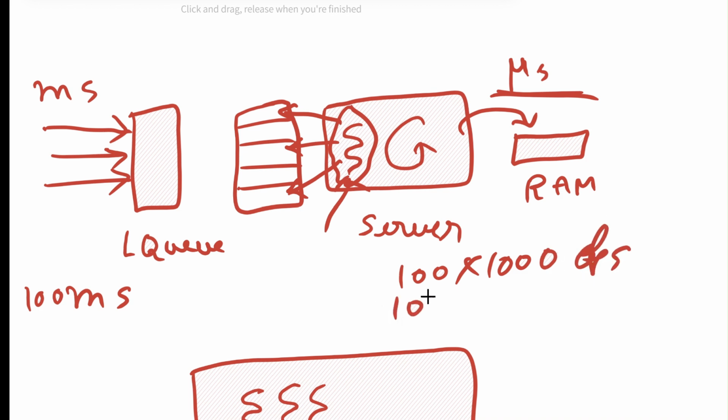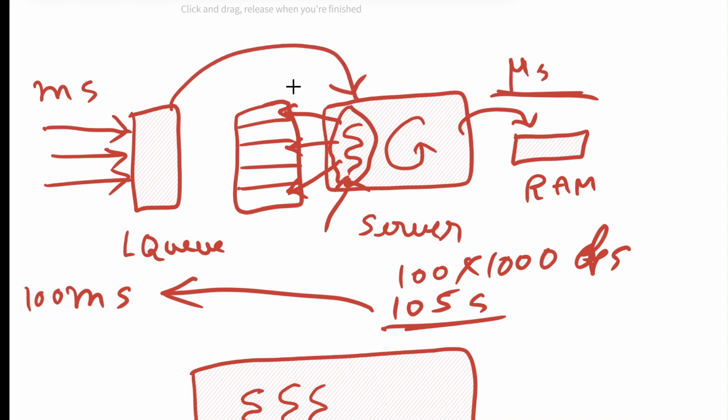That's 10 power 5 operations compared to the network latency that we have. So our main thread will get free frequently and it can keep listening to these sockets or accept connections. And when we accept the connection, we add it to the list of multiplexed sockets. And as the database reads are really fast, this connection gets accepted as soon as the operations that got queued up are completed.